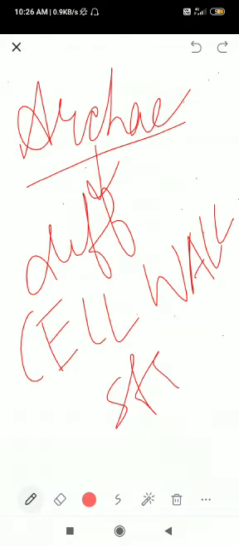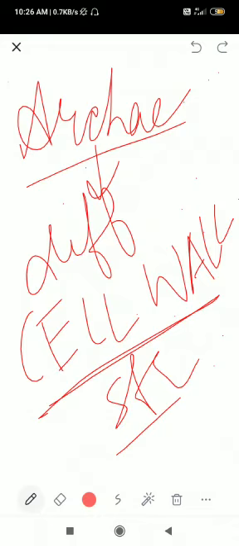This is very important because in the options you will get different cell wall structure, different cell membrane structure, so you will be confused. So you have to remember that archaebacteria have a different cell wall structure.